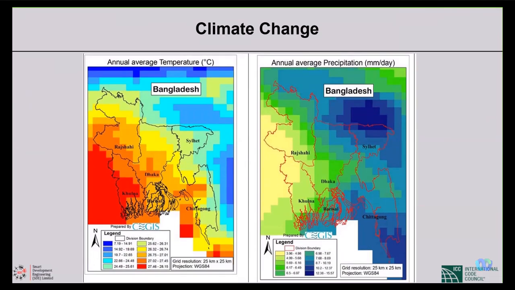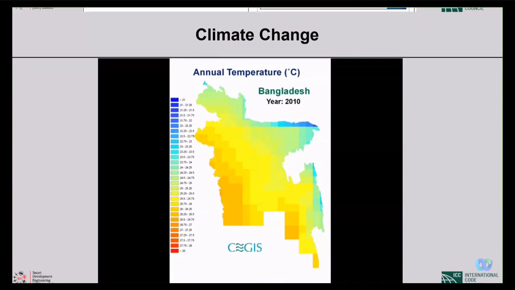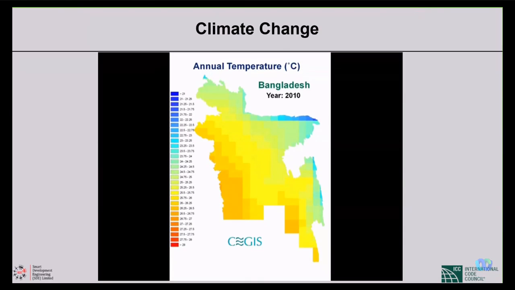Here are the temperature differences in the future, and the rainfall. The southwestern part will be warmer and rainier, and heavy wet conditions will be in the northeastern and Chittagong areas. And here is one simulation. If you look year-wise, it becomes orange and red.